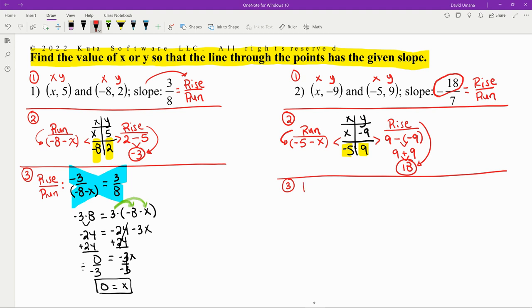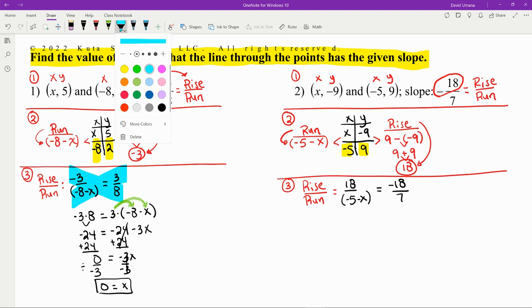I'll take advantage of rise and run. And I'm basically going to say that the rise was 18 over parentheses negative 5 minus x. And then it was also negative 18 over 7.